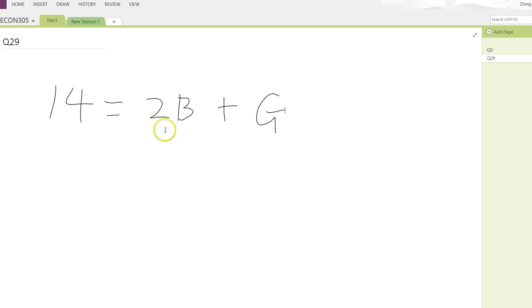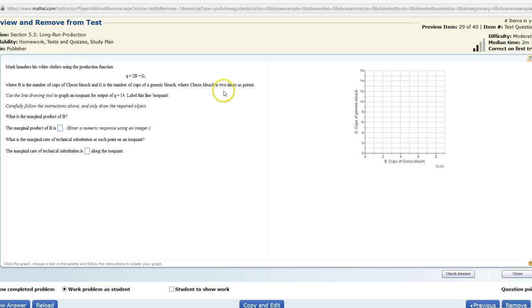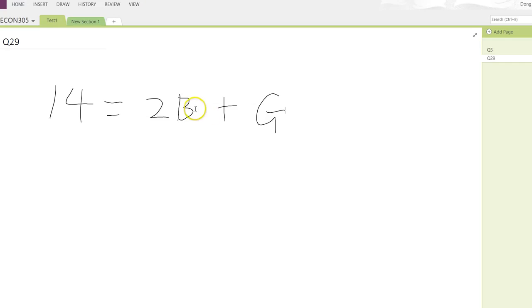This is a linear function, and the reason the setup says the Clorox bleach is 2 times as potent is illustrated by this 2 before B, because for each cup of B, we actually have twice as much output compared with each unit of G, the generic bleach. That's the reason we say that B, the Clorox bleach, is twice as potent as G.